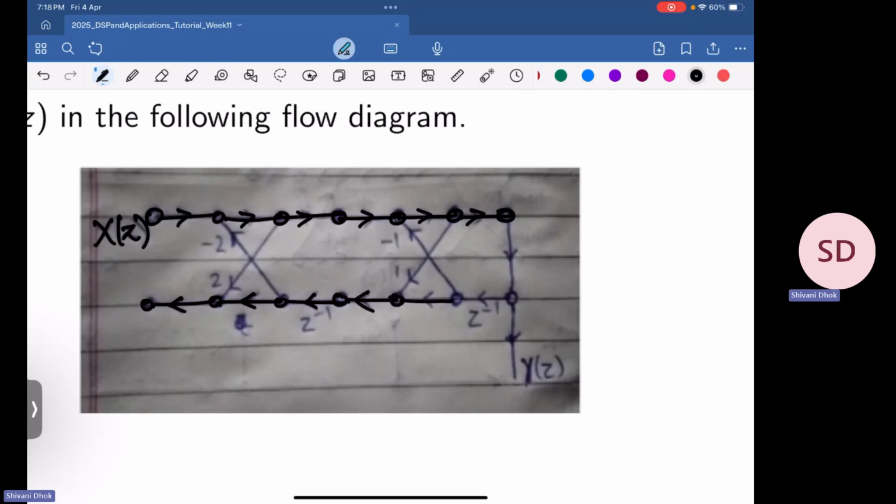So this is an IIR realization and not an FIR realization. So I have a Z inverse here, Z inverse here, and this is my Y of Z. I have one here and minus one here.